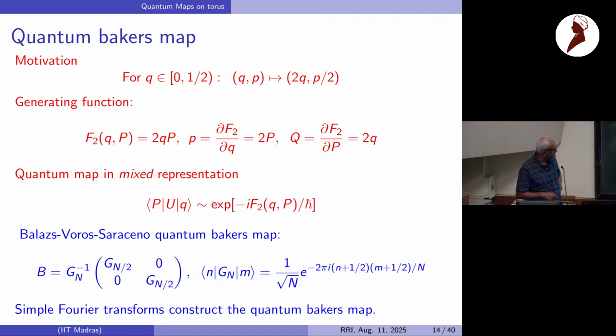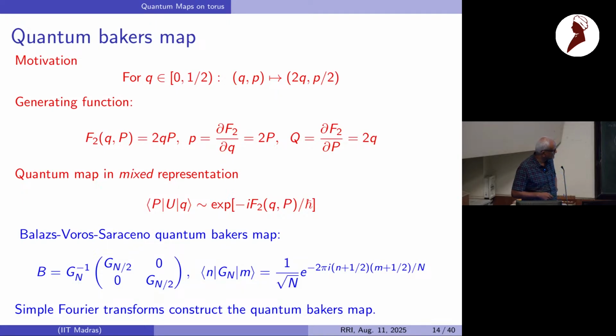If you put it here, you will get 2qp divided by h bar. Remember that qp divided by h bar is the Fourier transform. So this 2qp divided by h bar is as if h bar is divided by 2, that kind of Fourier transform. And this 2, remember, is coming from the Baker's map, the doubling map.